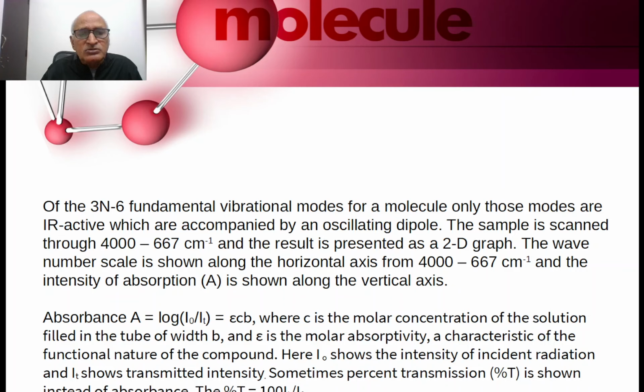Here I must tell you, sometimes instead of absorbance, percent transmittance is used as the variable. Percent transmittance equal to 100 multiplied by IT by I0. One more thing I want to make clear here. This Lambert-Beer law expression is more commonly used when we are dealing with solution, particularly for electronic spectrometry.